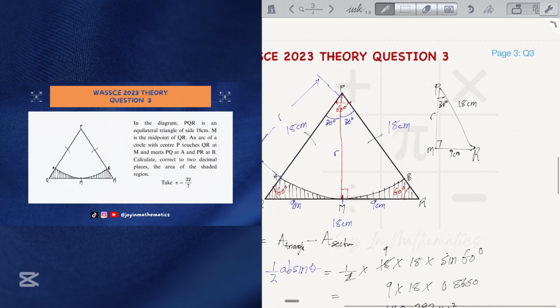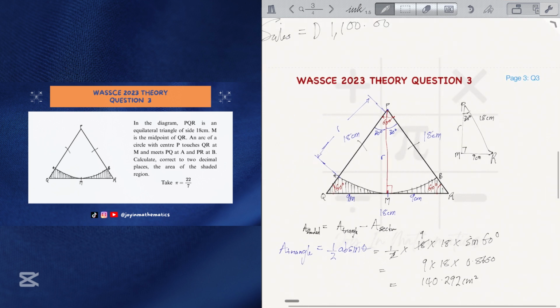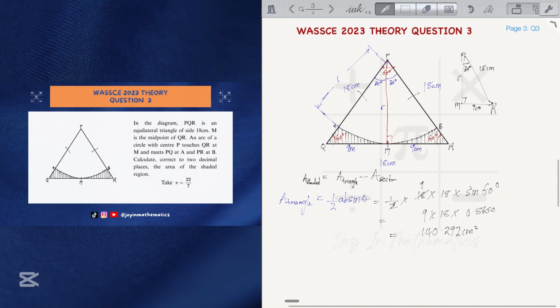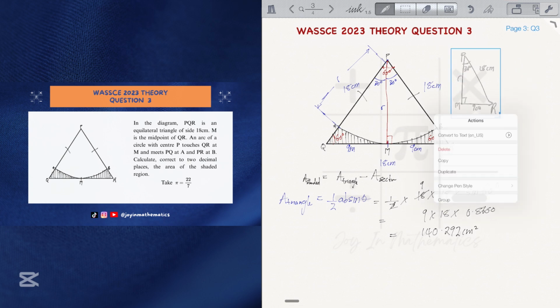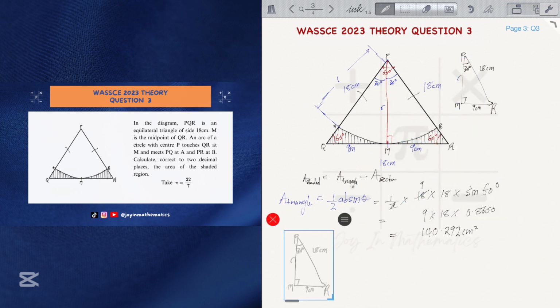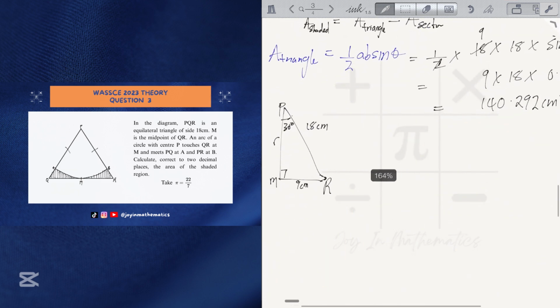Now we can find the length R. We can choose to use Pythagoras theorem, or we use sine theta or SOHCAHTOA. So let us replicate this triangle here and duplicate, and we'll have it here. So let us find R now. Let's use SOHCAHTOA.